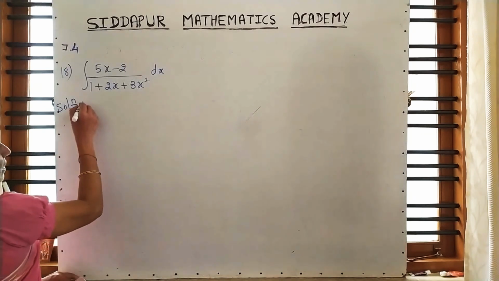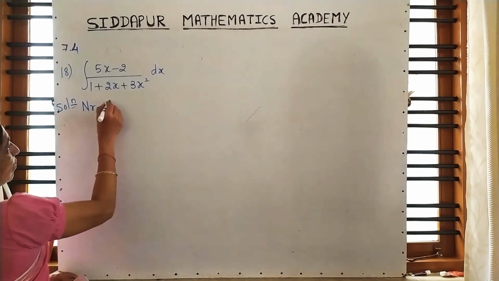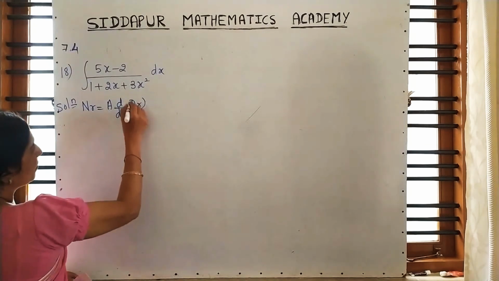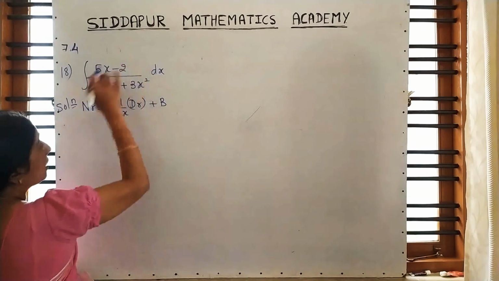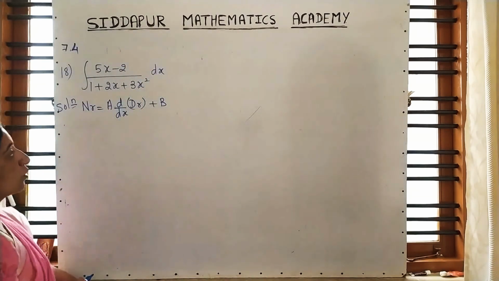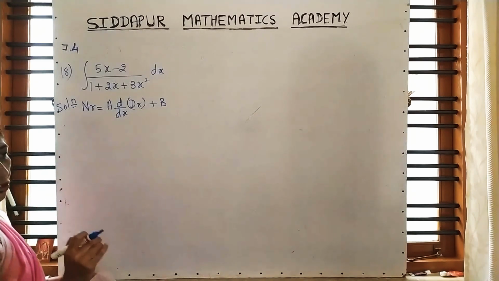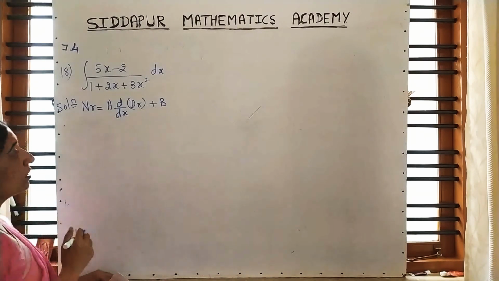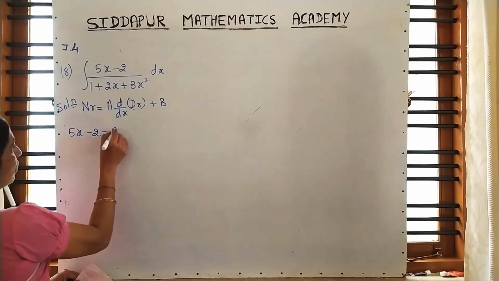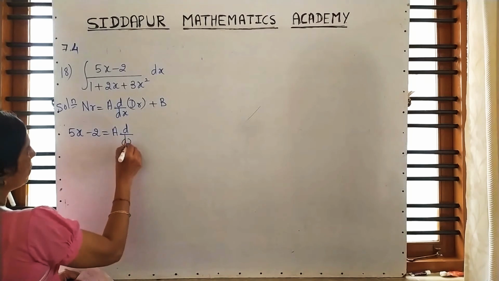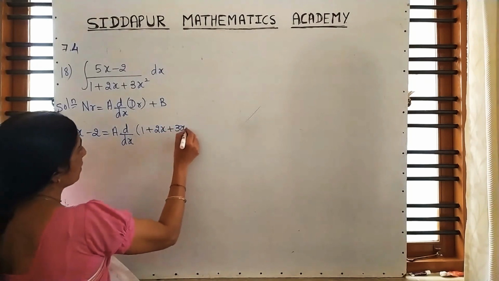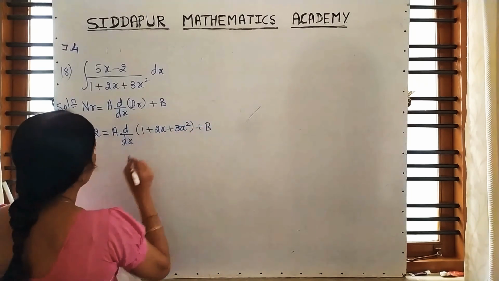Which formula are you applying? Numerator is equal to a into differentiation of the denominator plus b, because in the numerator we have a linear expression, in the denominator we have a quadratic, and the differentiation of the denominator will not give the numerator. 5x − 2 is equal to a into the differentiation of (1 + 2x + 3x²) plus b.